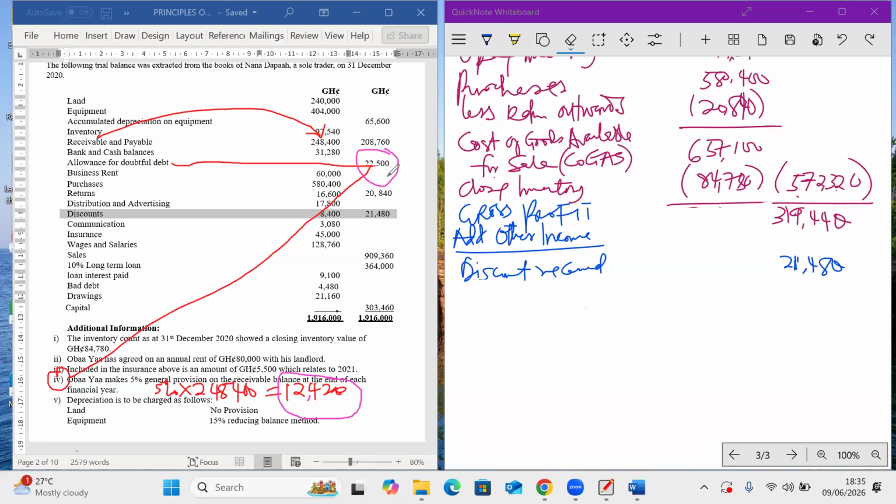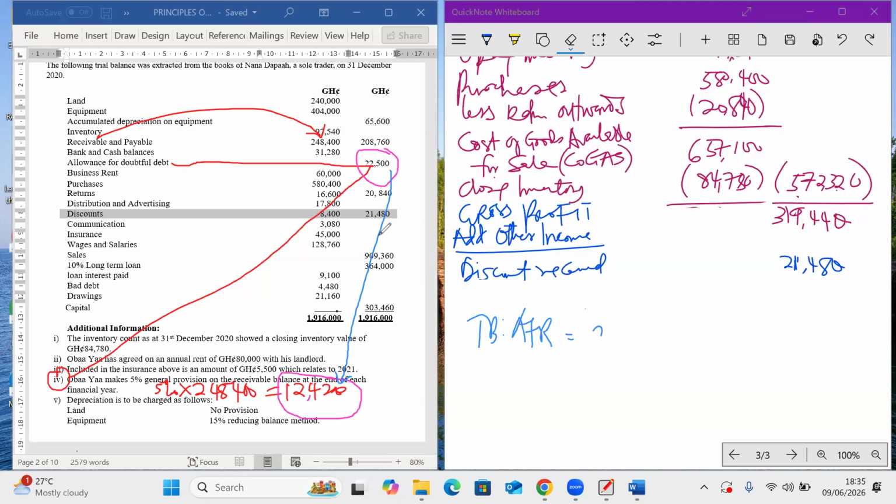Look at the figures. The trial balance information is the beginning of the year and during the year figures.